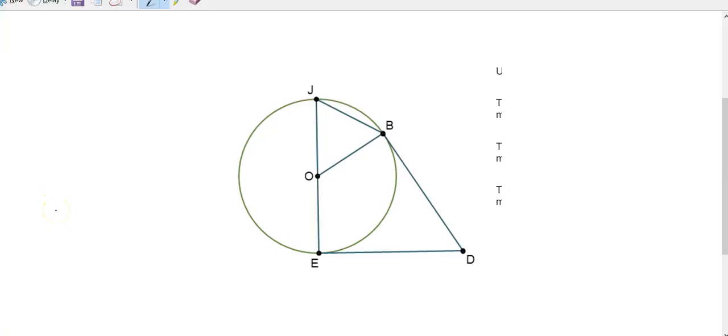In problem number 2, the first thing it's asking me is, what is the measure of angle EJB? So on this angle here, how does that relate to the measure of this central angle right here?